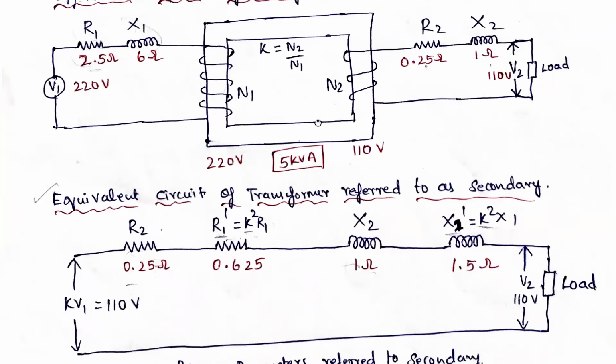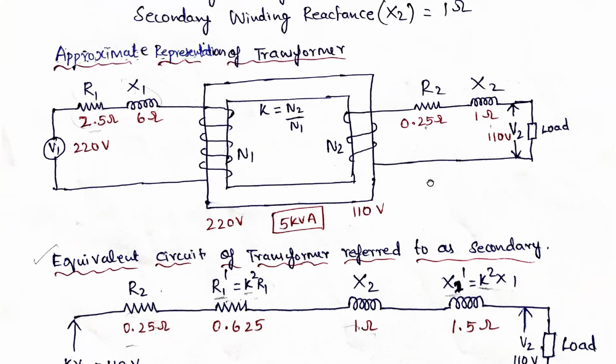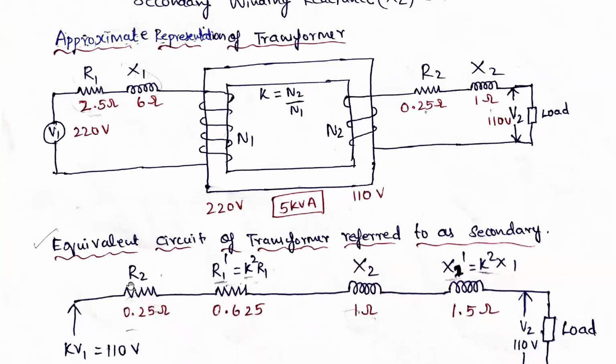Now we need to draw the equivalent circuit of the transformer referred to secondary. With respect to secondary, we need to convert all to secondary parameters. Secondary means 2, no? So R1 and X1 we need to convert to secondary.